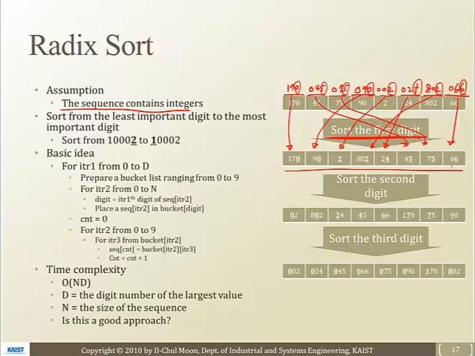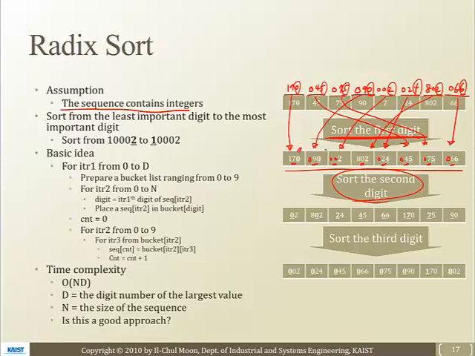And after that, what we are going to do is sort based upon the second digit. We are going to add 0s where needed. The second digit is 7, 9, 0, 0, 2, 4, 7, and 6.